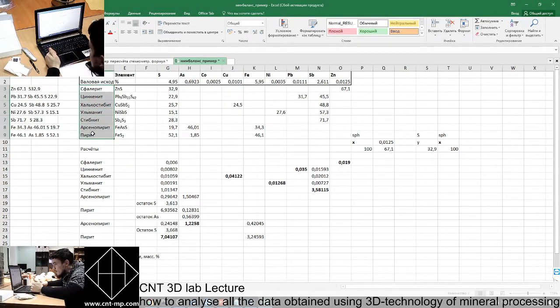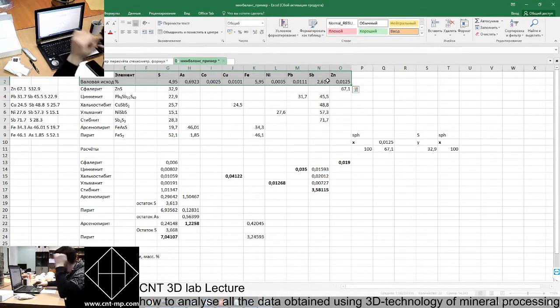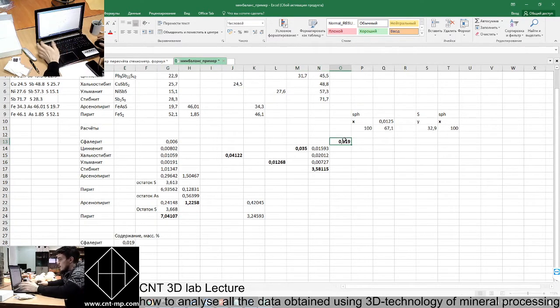Just 7 minerals. Their stoichiometric formula, their content in elements, the whole composition of the sample, and also the mass percents of each mineral are counted. Alright?